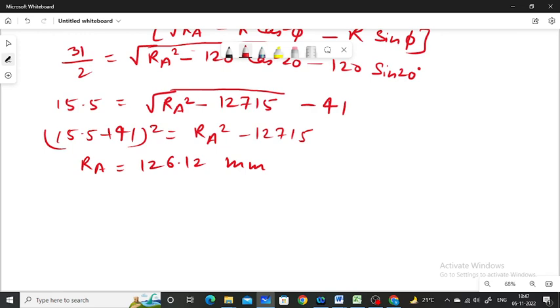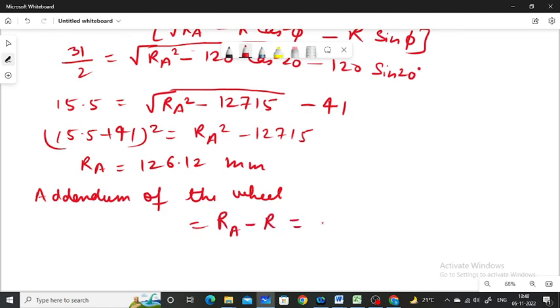So the addendum of the wheel equals R_A minus r. R_A is 126.12 and this is 120, that is 6.12 mm, that is the addendum.